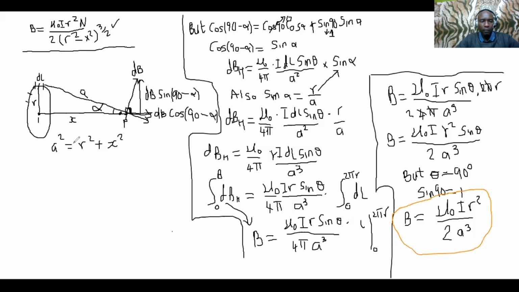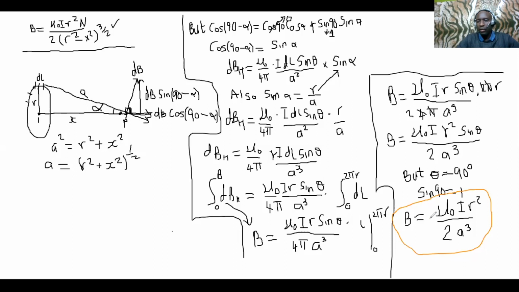Now if you take the square root on both sides, you get A equal to R square plus X square in brackets, raised to a half, because we have taken the square root on both sides.